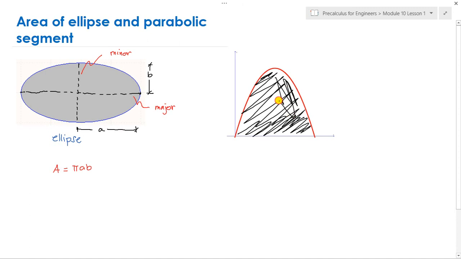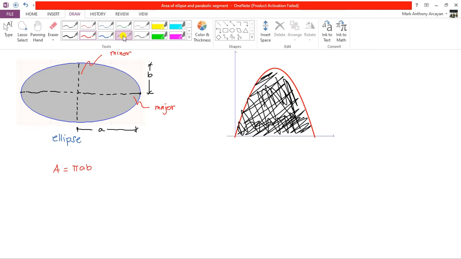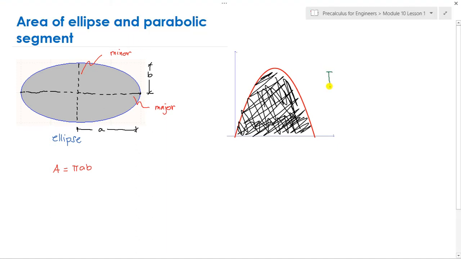For a parabola, we only need two parameters here. That is the height, h, of the parabola. Then next, ikaduha is the width of the parabola.